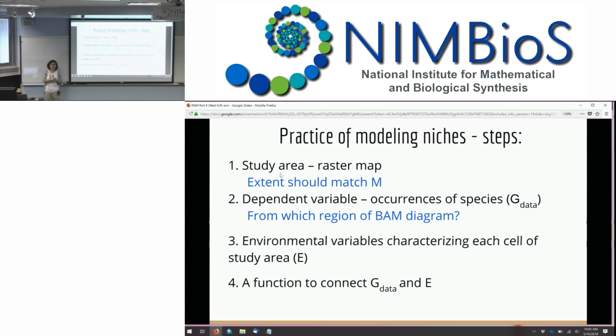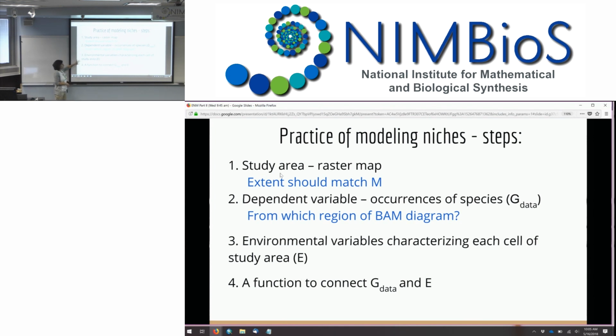Or are the presence data coming from sink populations, meaning populations that are not viable long-term because of maybe a competitor or a disease, and so forth. So we have occurrence data, but we should ideally think about where they are coming from in terms of geography and relationship to this BAM diagram.